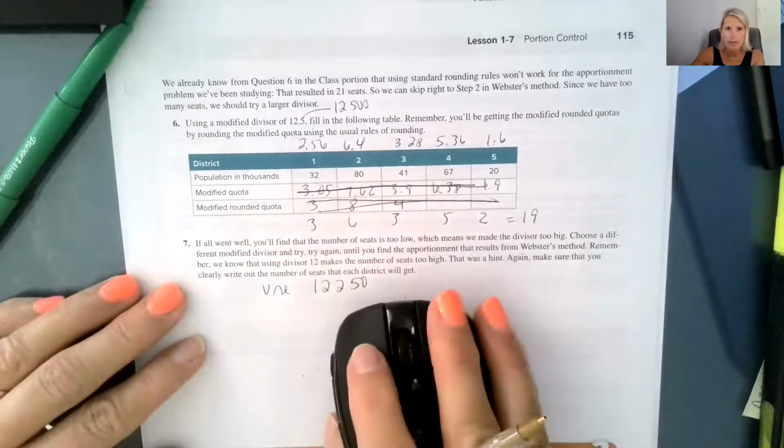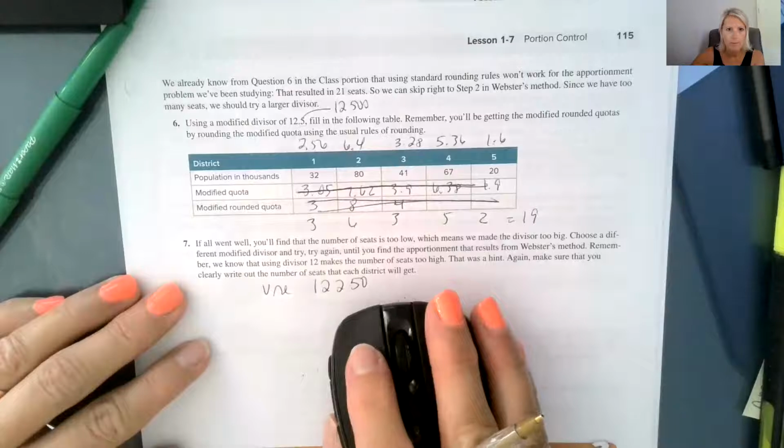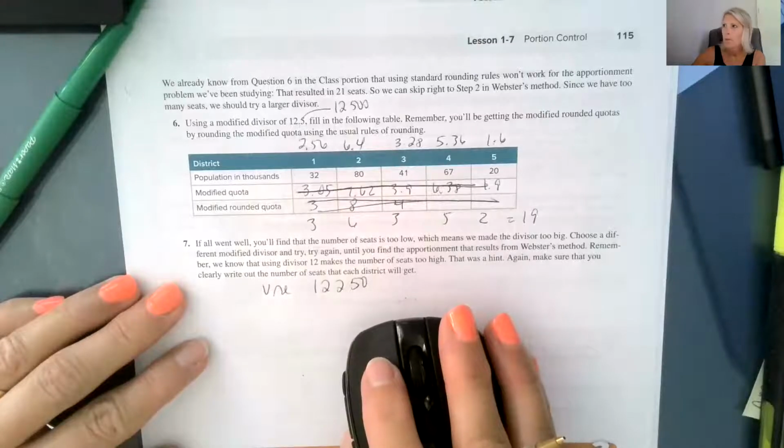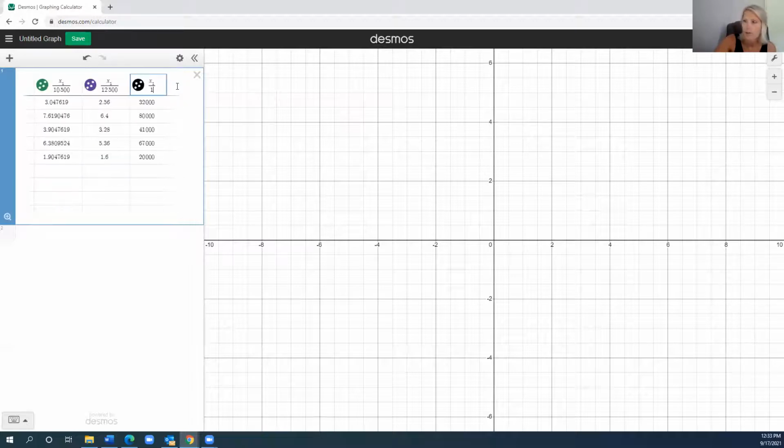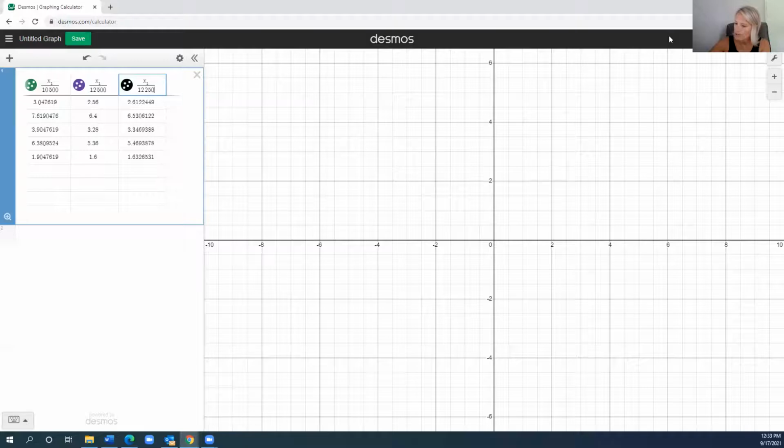So let's go back to Desmos one more time. And I'm going to create one more column here and say X1 divided by 12,250. And you can see that we get 2.61, 6.53, 3.35, 5.47, and 1.63.